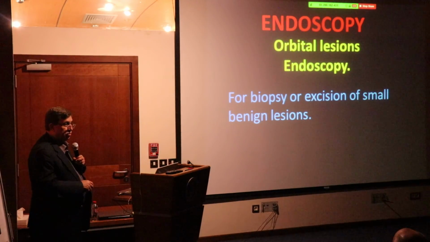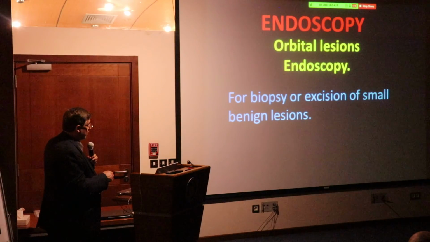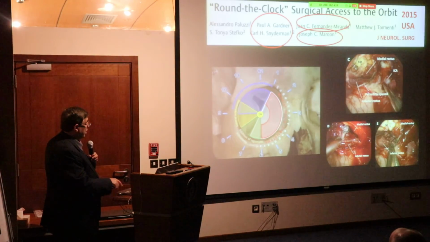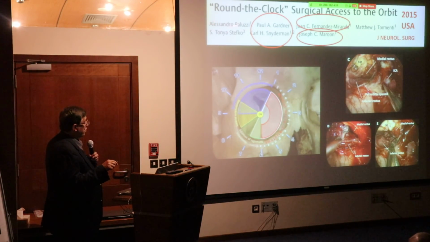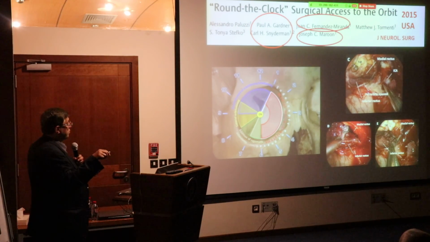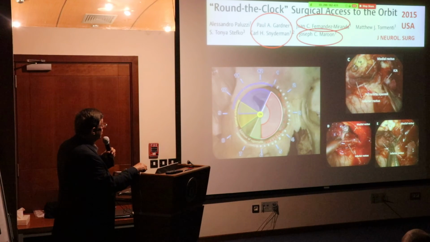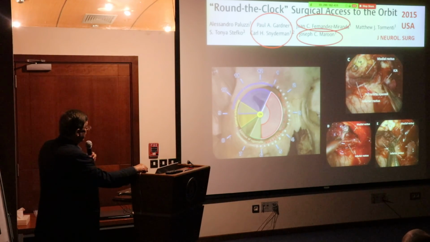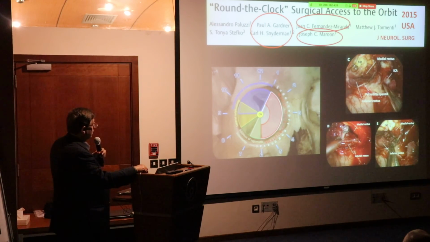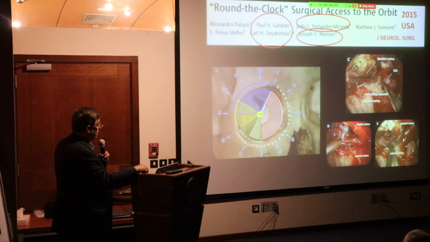Can we use endoscopy to treat these orbital lesions? Yes. And this is a very nice paper. It's called Round-the-Clock Surgical Access to the Orbit Using the Endoscope. These are giants of endoscopy in the world: Paul Gardner, Miranda, Snyderman, and Joseph Maroon. In the States, they are giants of surgery and endoscopy treatment of the orbital lesions.